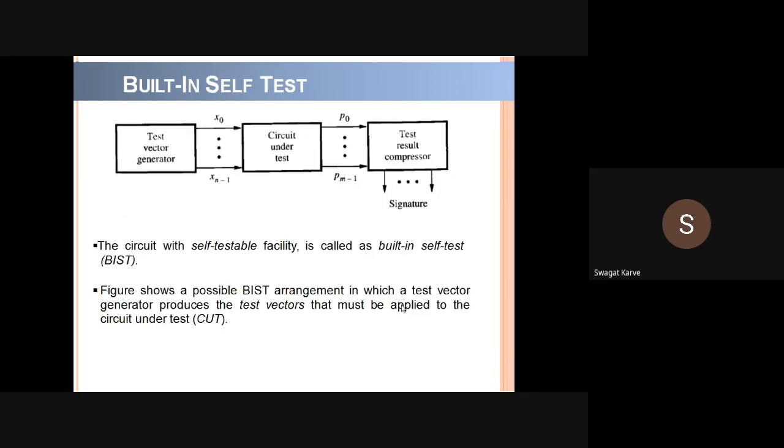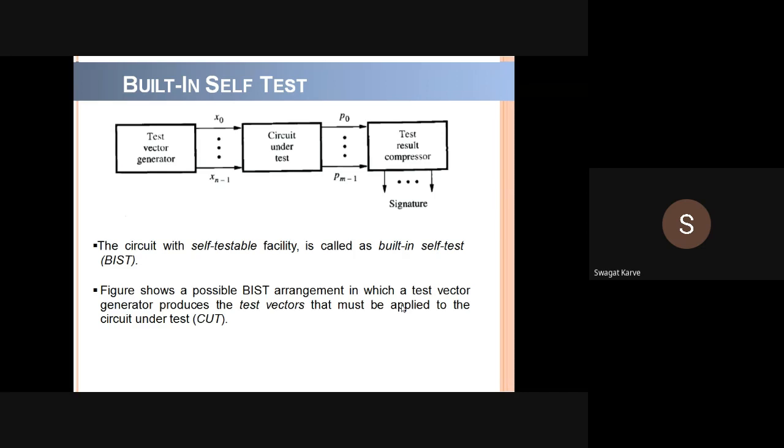Now next we are going to discuss the built-in self-test. What is this built-in self-test? As the name indicates, you have some built-in testing facilities available on the chips, or on the board, your target circuit board.